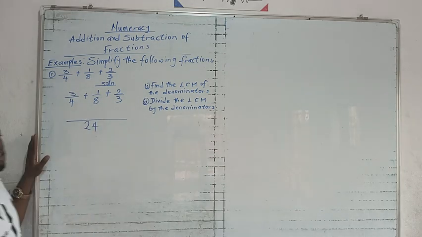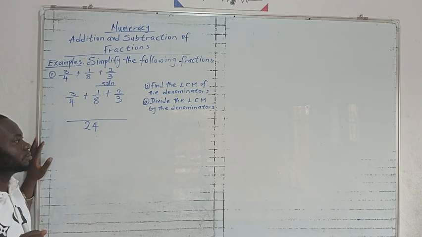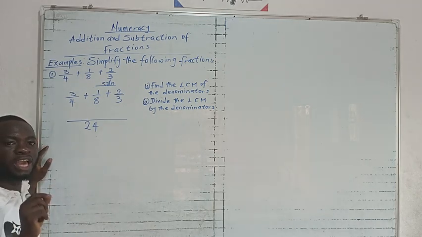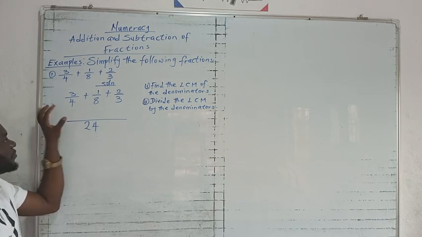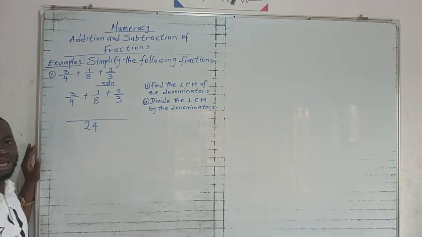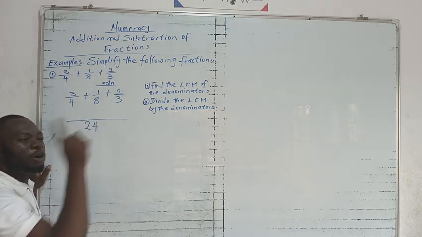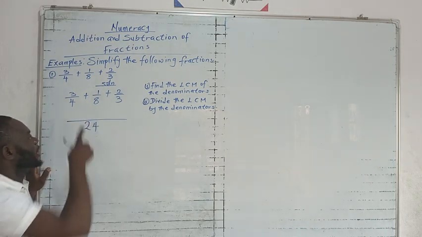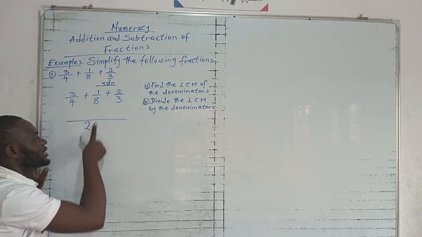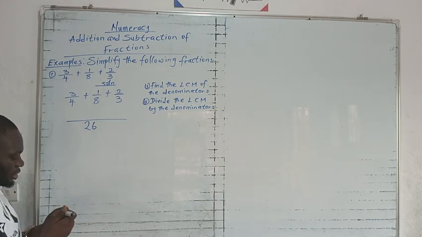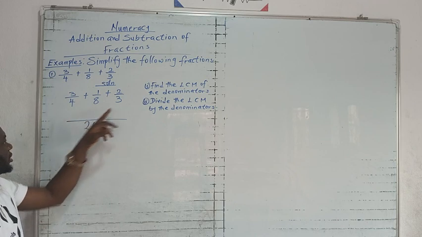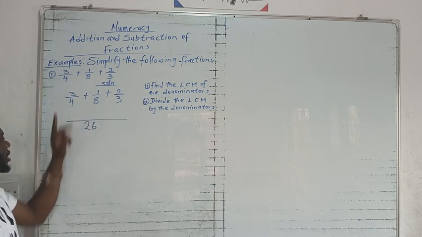Now, the fact here is the LCM is divisible by all the denominators. If you are solving a fraction and you obtain an LCM that any of the denominators cannot divide, let's say after solving for our LCM, we got 26, notice that at this point, 3 cannot divide, 8 cannot divide, 4 cannot divide.